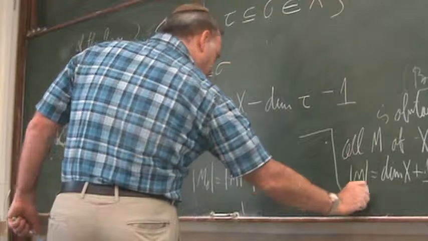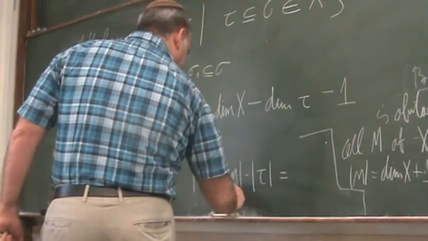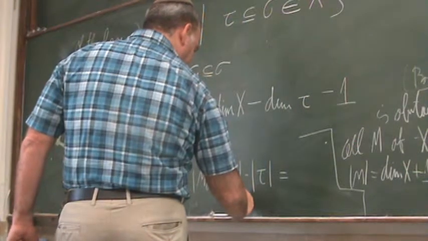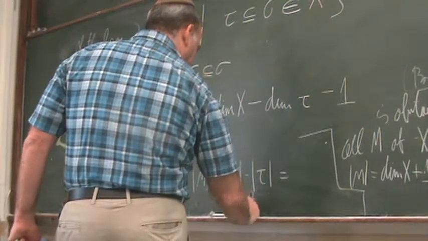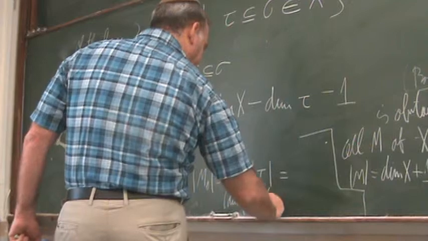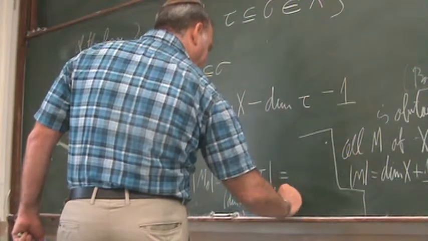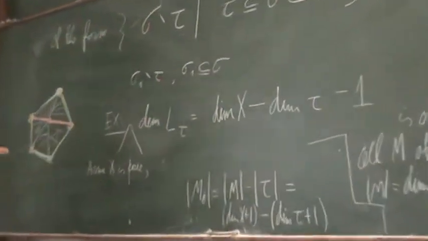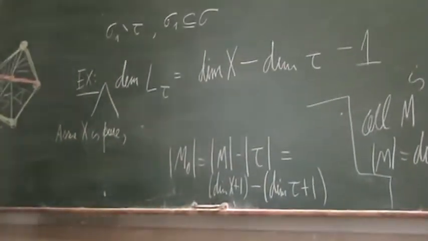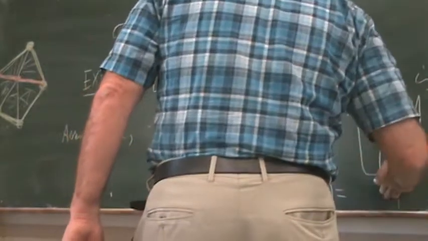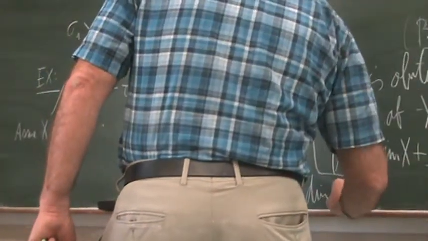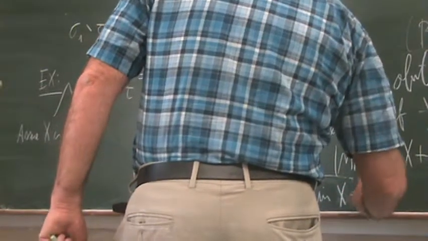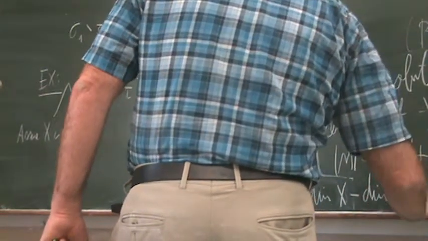So the size of M0 is the size of M minus the size of tau. The size of M is the dimension of X plus 1, minus the size of tau, which is the dimension of tau plus 1, right? Because the size of tau is always the dimension plus 1. So the size of M0 is the dimension of X minus the dimension of tau.